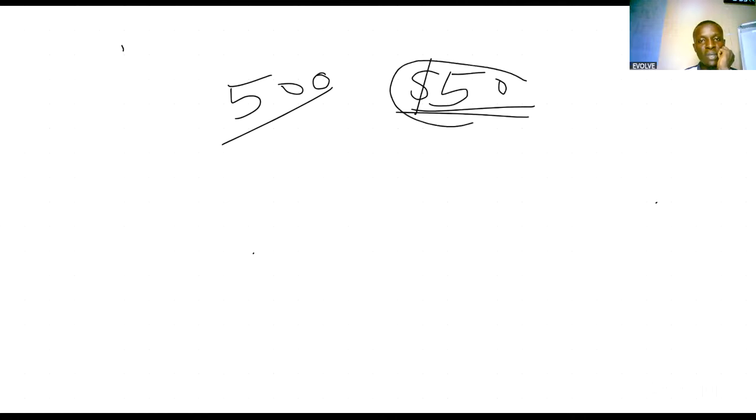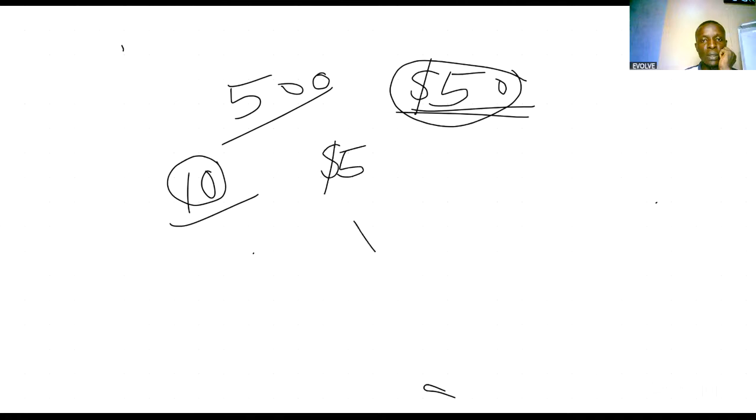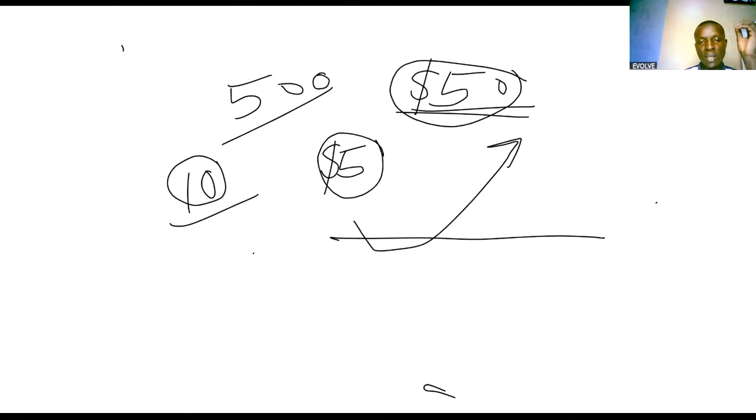Because many of you have been complaining, coach, when I enter the coin with the $10 or $5, when the market goes up, the profit I take is very small because I'm taking it from only $5. With the martingale strategy board, we want after we enter the market to go down first before it goes up.